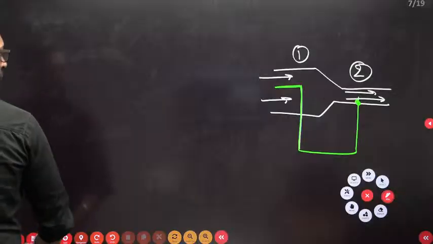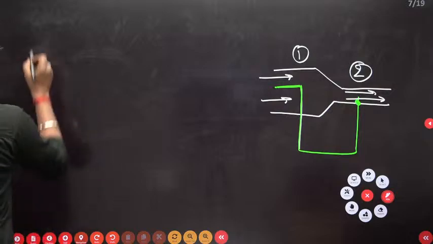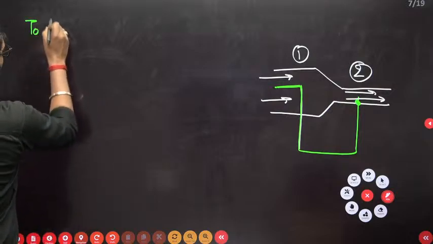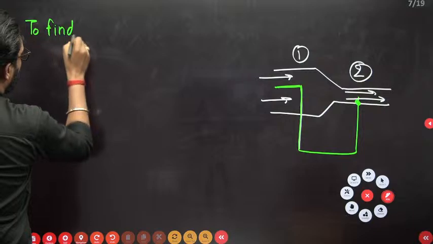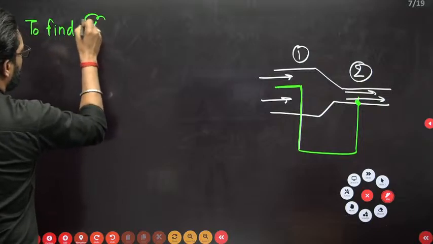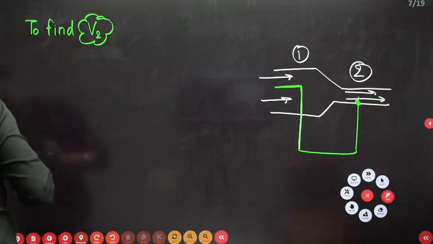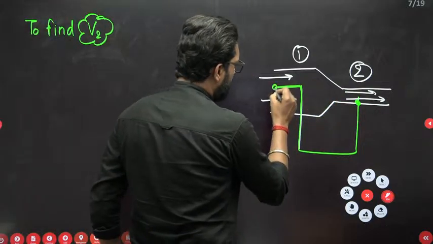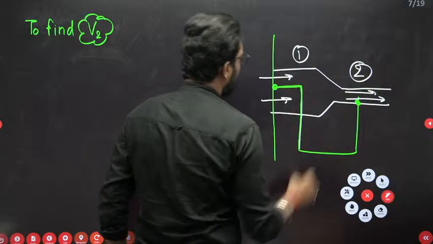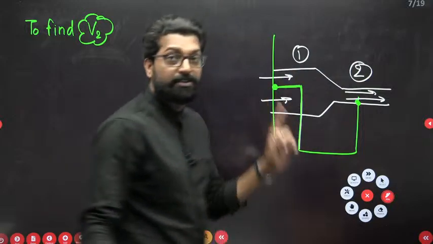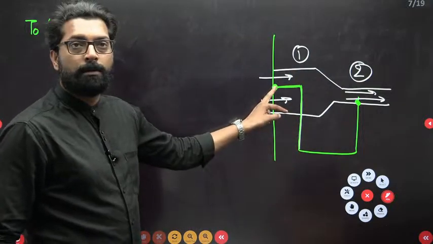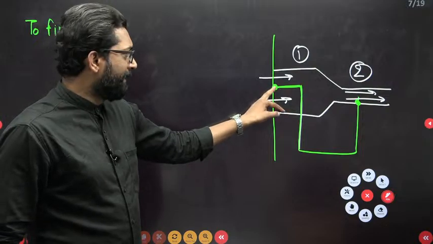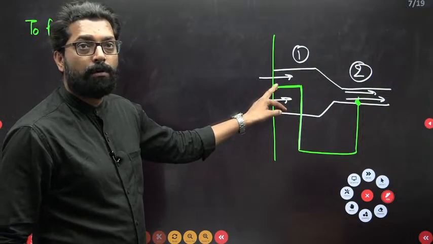That is the simple funda. Okay. So first, let's suppose find V2. Why do we have to find V2? Because this is a Pitot tube at this point. If you take this section, at the nose, at the entry to the Pitot tube, the velocity is 0.